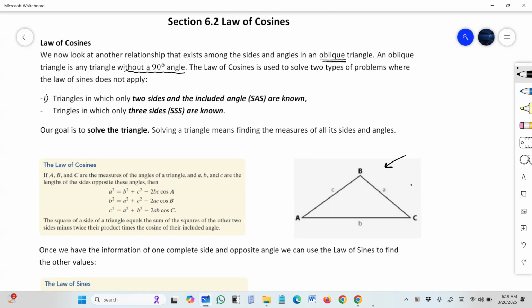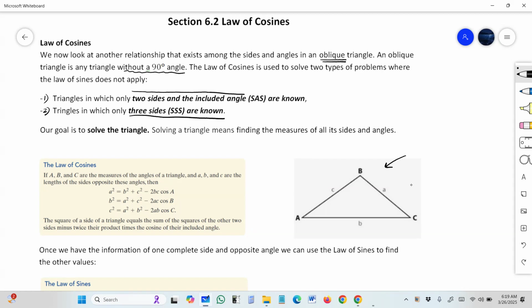So here's the first one. In situations where we have a triangle, we only have either two sides and one angle, or the second case in which we only have three sides. Okay?